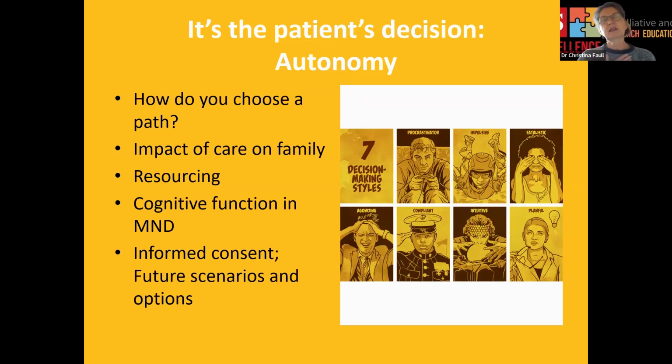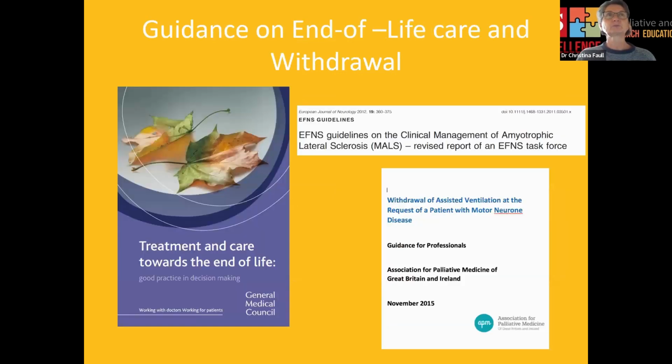It takes the emotionality out of it a little bit, when it's not about you needing to make a decision, but it may be just supposing, or some people are in this situation. What would be your opinion about how you might decide in that situation? So using a lot of future scenarios and hypothesising can be a useful way of helping people feel less distressed about facing the future.